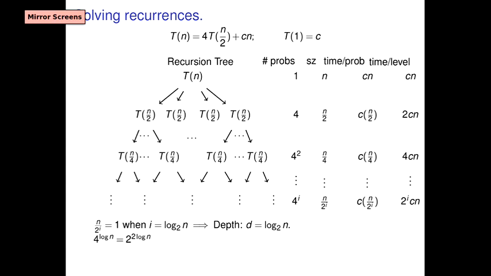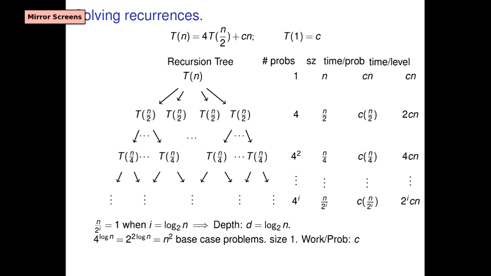So it's 4 to the log n, which is 2 to the 2 log n, which is, now we can do this little trick of switching these guys, and we get n squared. What we do here is you put 2 in the exponent, and then you use the definition of log to bring it down. So that's the base case.